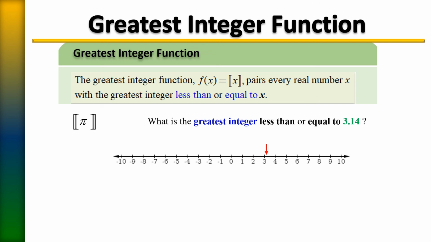So what is the closest one that is less than 3.14? We're going to move to the left, not to the right. We round down, and that will give us the value of 3. So the greatest integer that is less than pi would be 3. And there you have it.